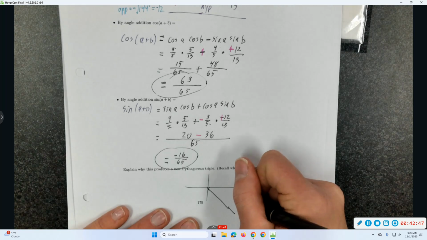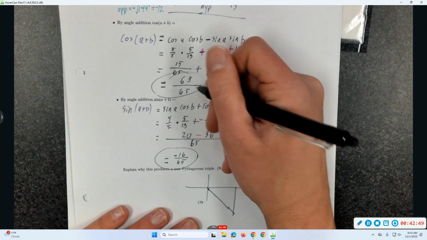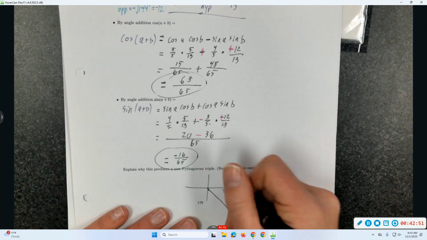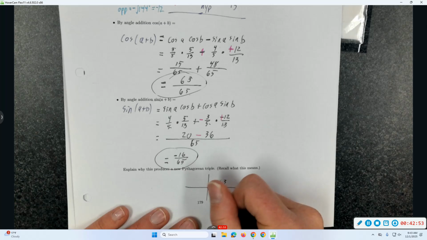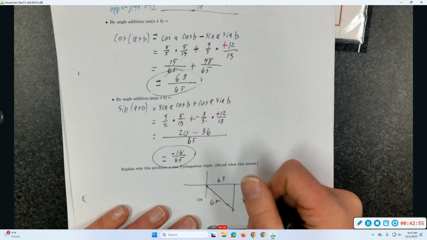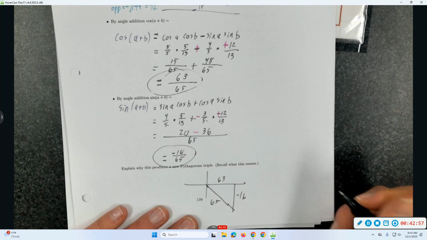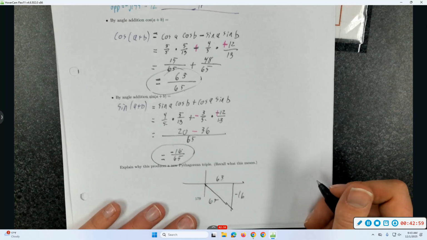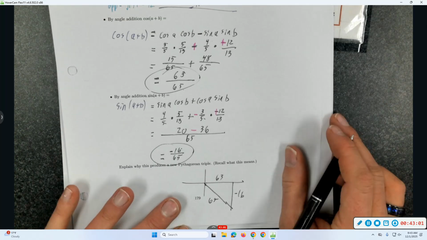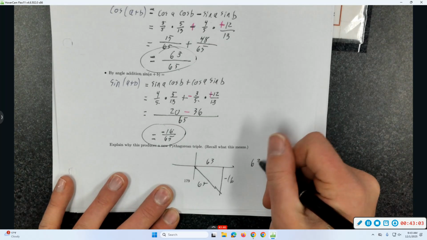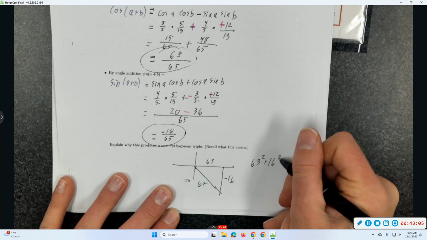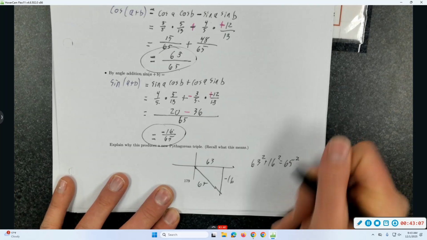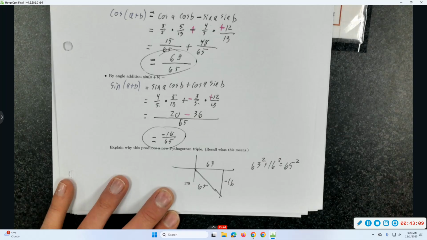And we can draw a right triangle of this. That's adjacent over hypotenuse, opposite over hypotenuse. Oh, cool. All those are whole numbers? And that's a right triangle. I guess that means 63 squared plus 16 squared is equal to 65 squared. There's a new Pythagorean triple.